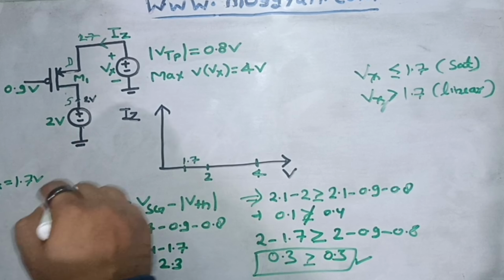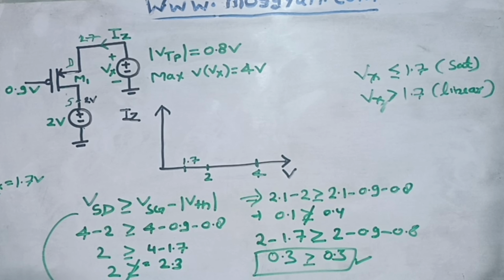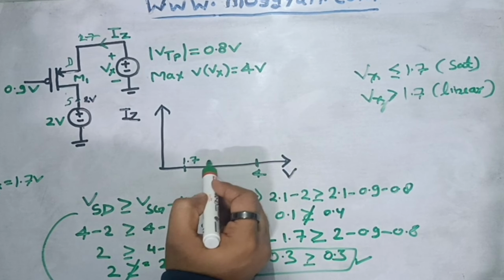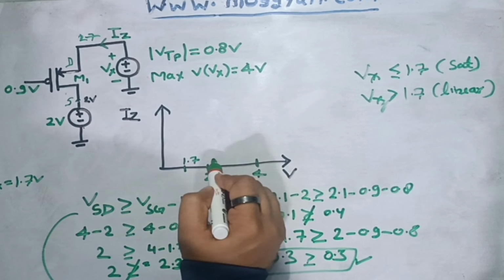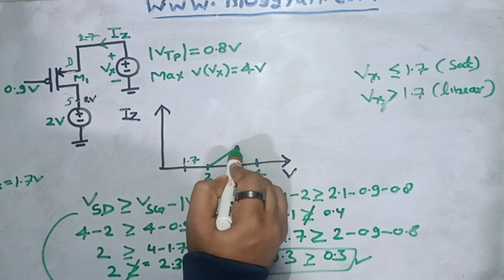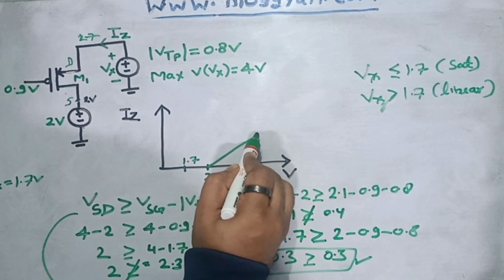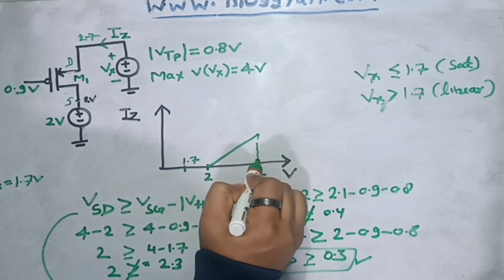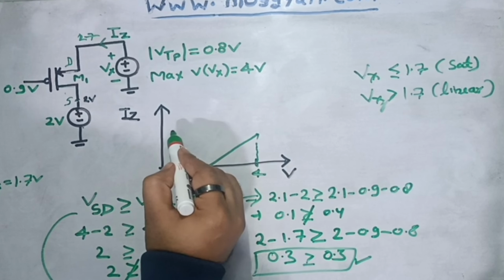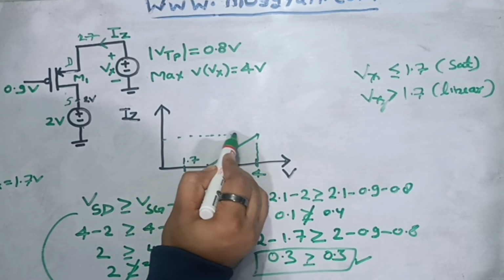And we know in linear mode of operation, MOSFET acts as a variable resistance. So if it is behaving as a resistance, that means the curve should be an ohmic curve. So it will linearly decrease. At 2 volt it's 0, but at 4 volt it will have a certain amount of current. We don't know the exact value of that current, but we can consider that from 4 volt to 2 volt it will decrease in a linear fashion. Let's call this some current ID.